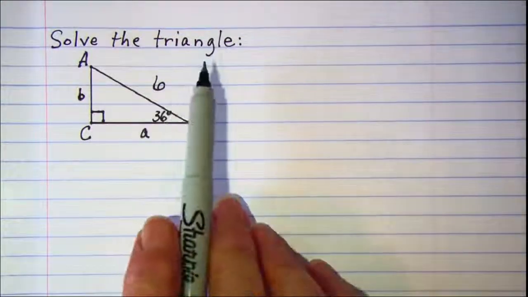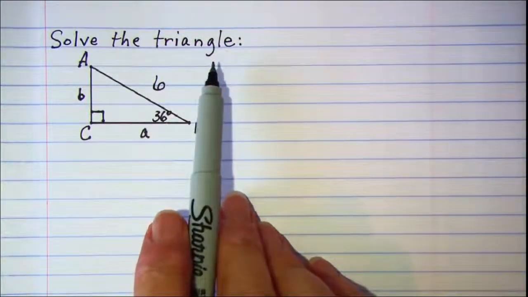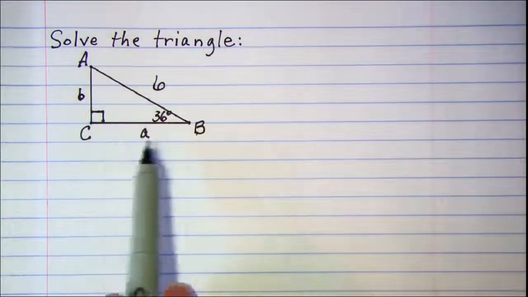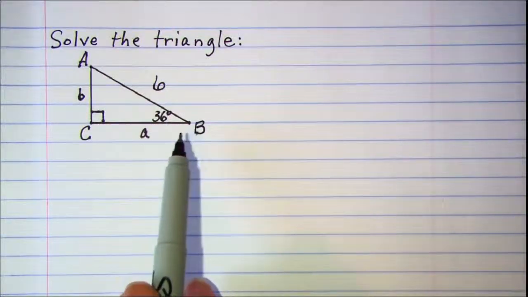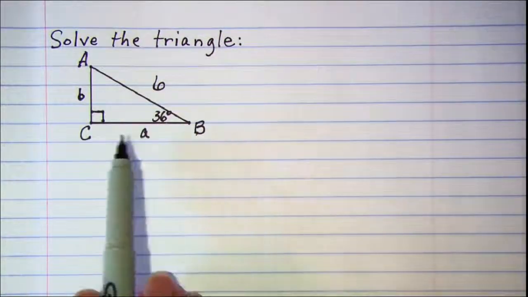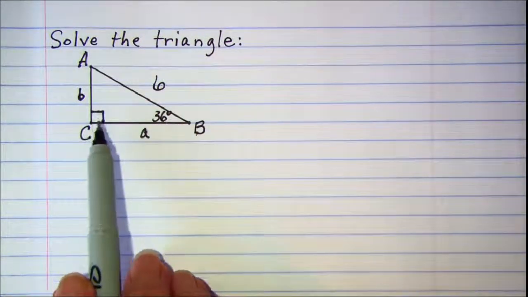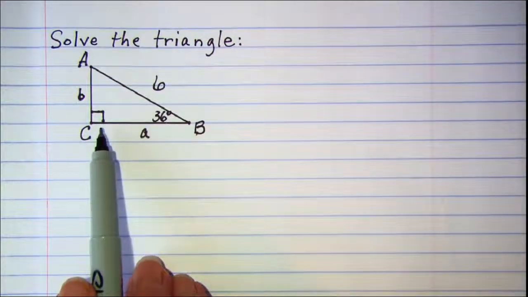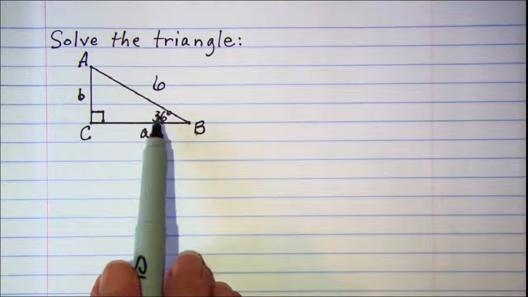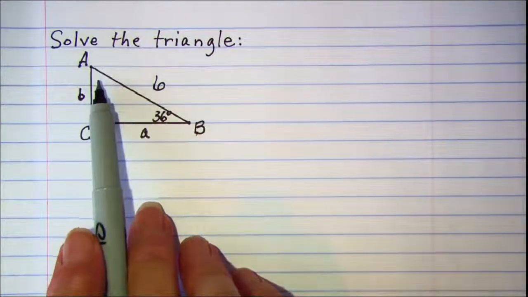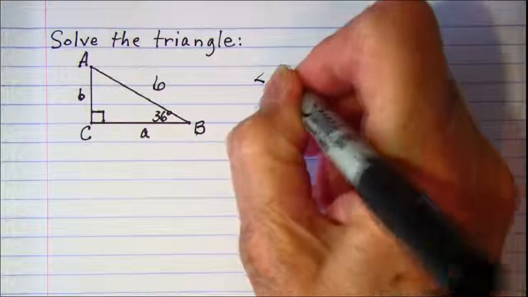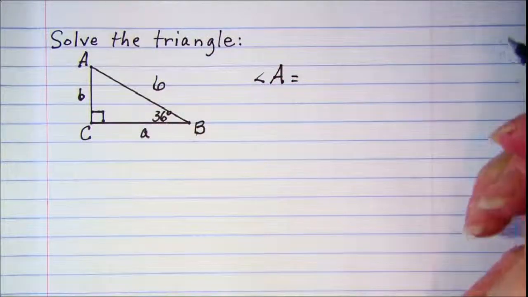Solve the triangle means we want to find any unknown parts. We're told on this triangle, remember to use our right triangle trig, our triangle needs to be a right triangle, so we have to have one right angle. This angle is 36 degrees, so we can easily find angle A. We know that the angles of a triangle add up to 180.